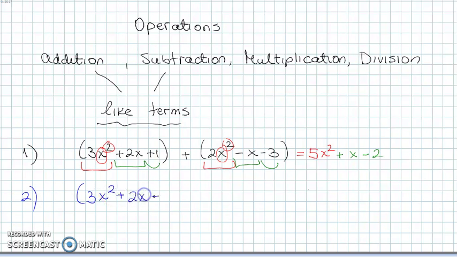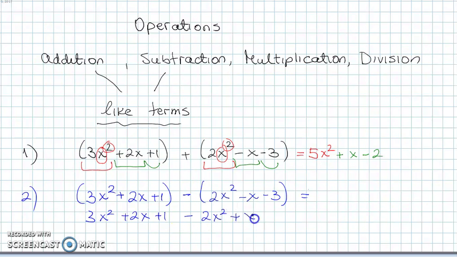You are looking for like terms and you are combining them. You just have to be a little bit more careful with the negative sign. If you want, you can remove brackets just to be on the safe side, and remember to change the sign of every term that was in the brackets. And now you do exactly the same thing as in the first example.